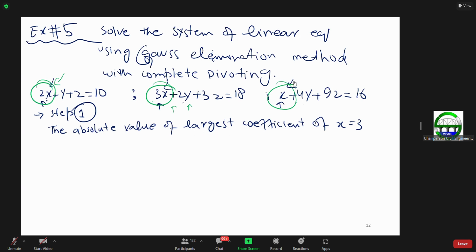Let's say this is equation number 1, this is equation number 2, and this is equation number 3.